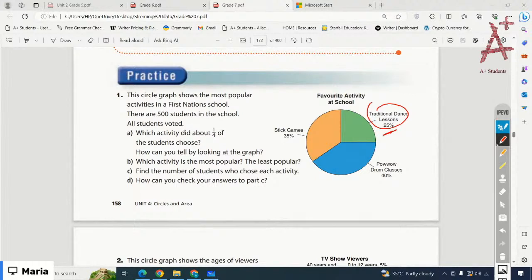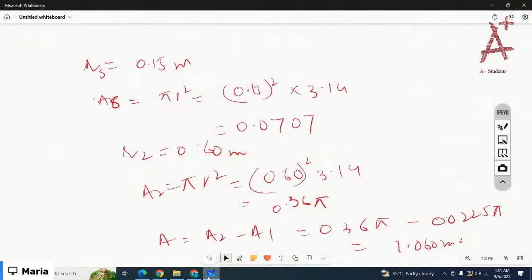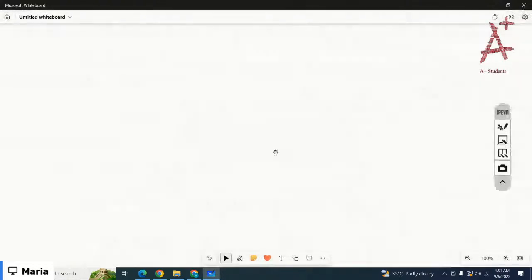Find the number of students who chose each activity. So the total number of students you are given is 500. You just have to calculate one by one, like stick games is 35%. So let's just calculate them according to the percentages given. The total students are 500, right?